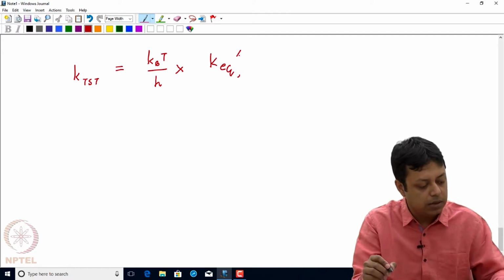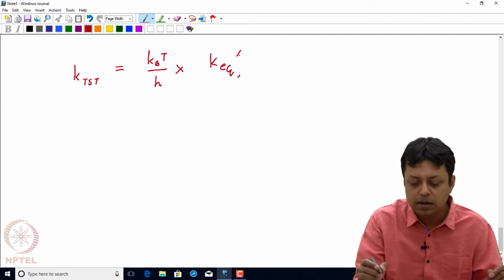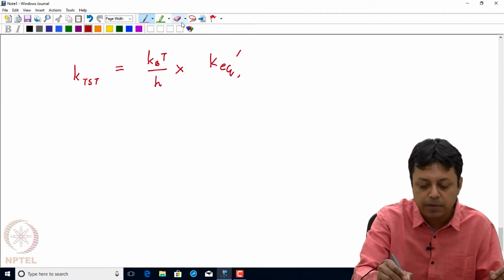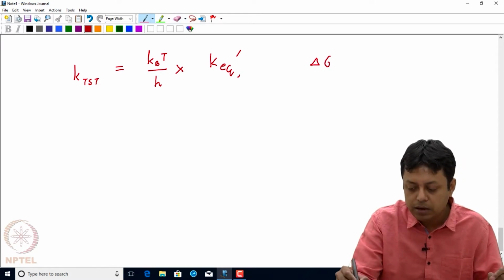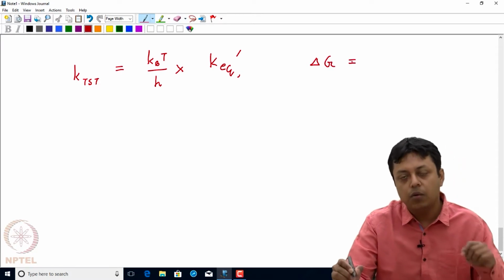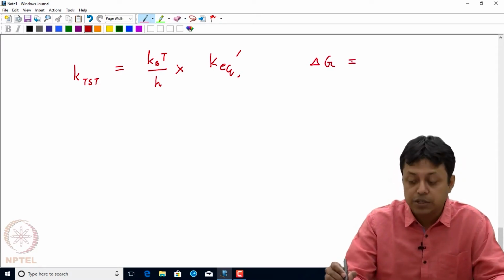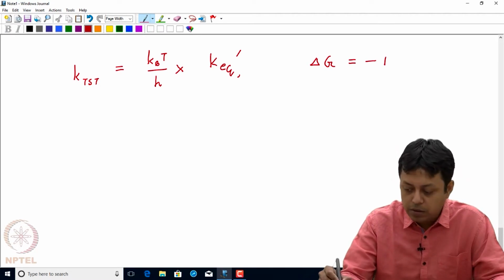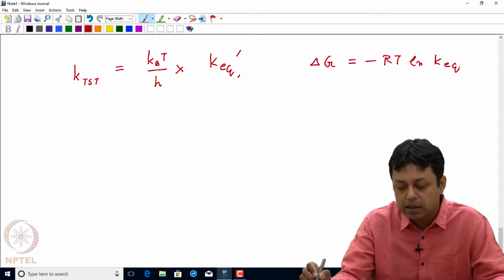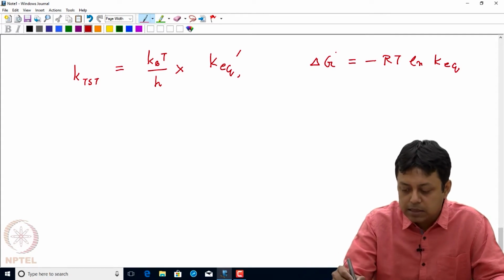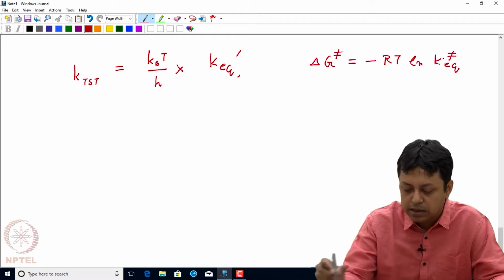Now what we can do is that we can apply just classical thermodynamics, and we know the relation for the equilibrium constant with the change in the free energy, and we are going to just use that relation. So we already know that del G is equal to minus RT ln K equilibrium. In this case it is for the transition state, so I am writing it as del G dagger.